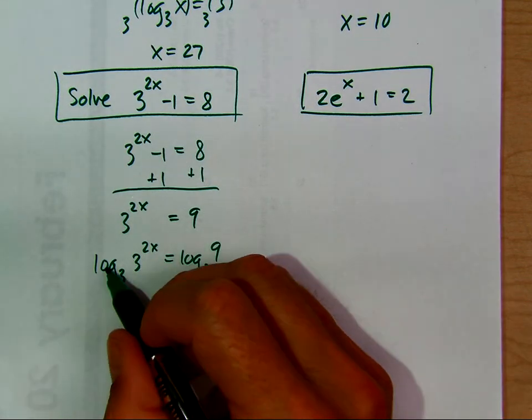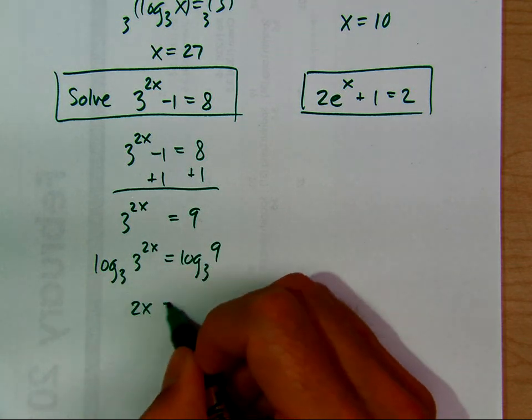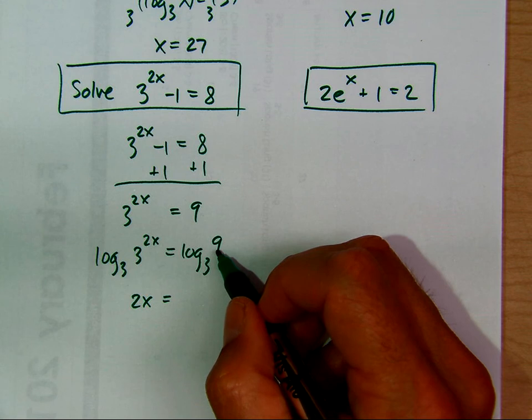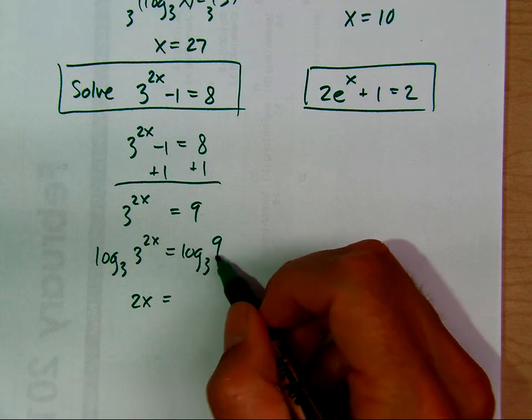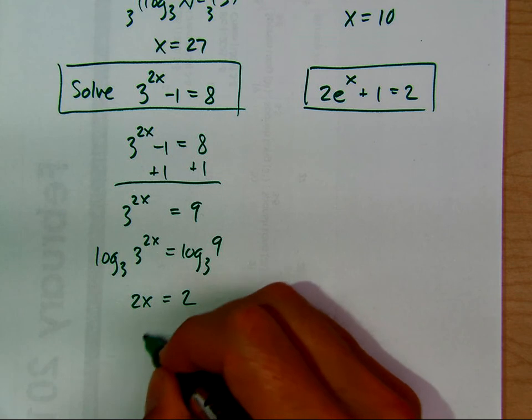Find the exponent of 3. The exponent is 2x. And find the exponent of 3 that gives you 9. So the exponent is 2. And then divide by 2.